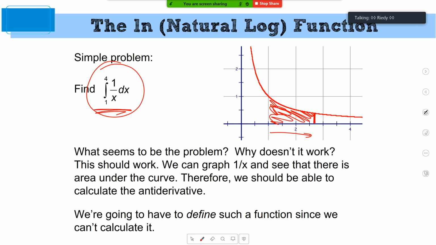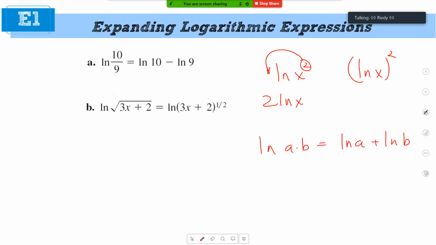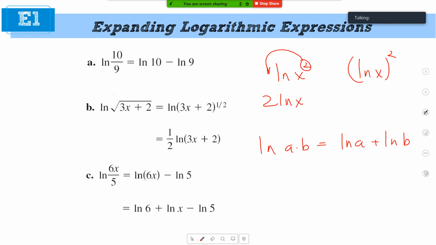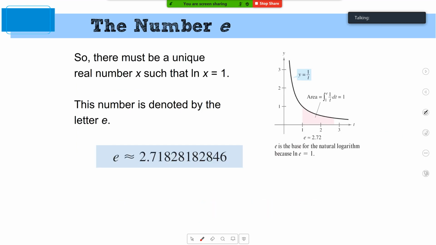This is saying, here's the area, how far do I have to go over? And the distance you have to go over there is this number e. So the pink region on the slide is guaranteed to have an area of 1, because that's how we defined e.